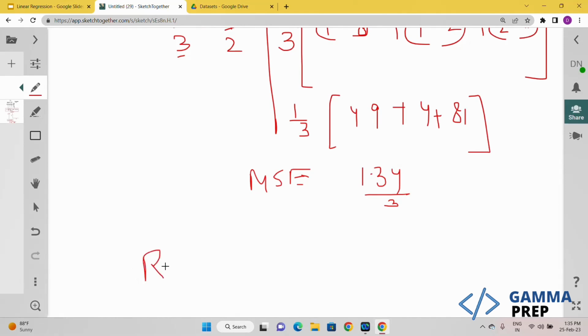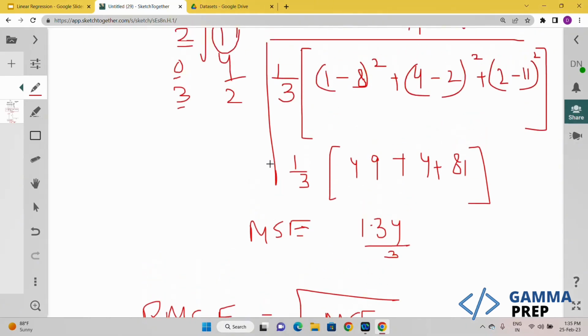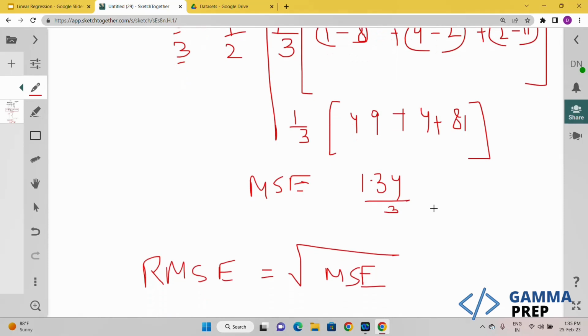And what is RMSE? Root mean square error. Basically, take the square root of mean square error. Again, why do we take root mean square error? Because if the unit of y actual and y predicted is, let's say, u, then the mean square error will have the unit u square. So the unit is not the same.